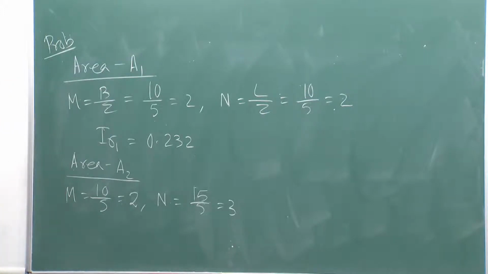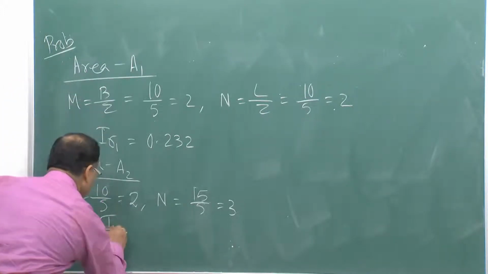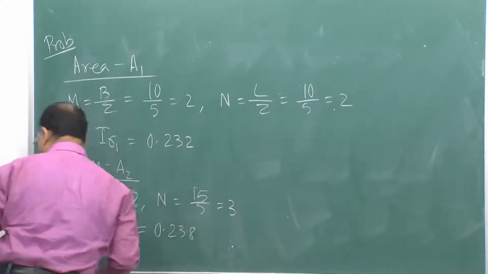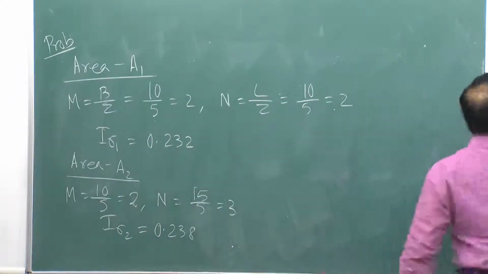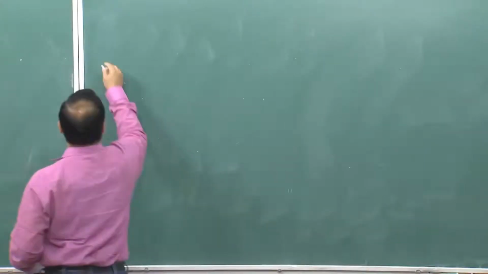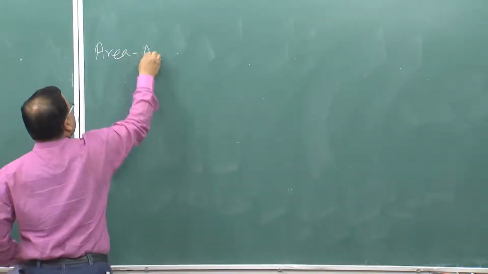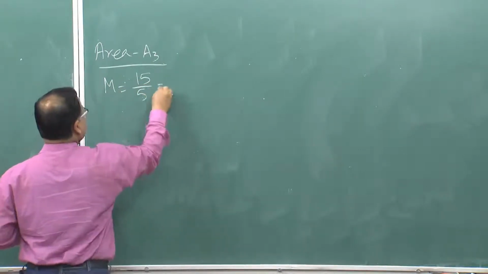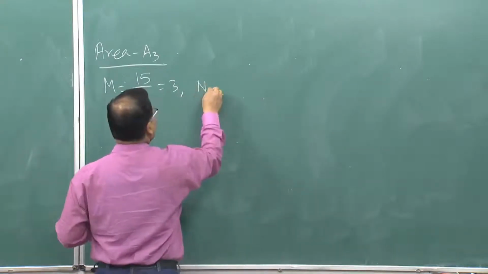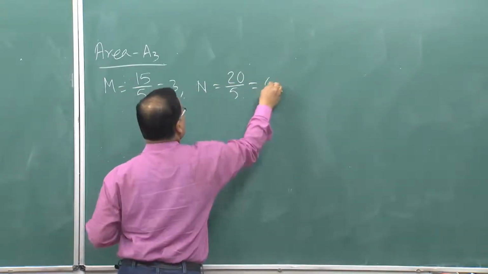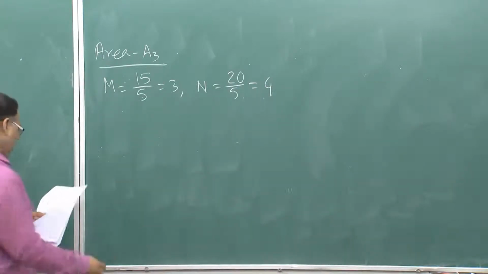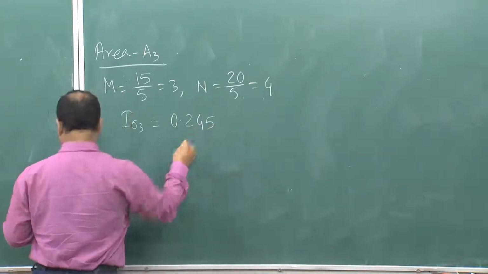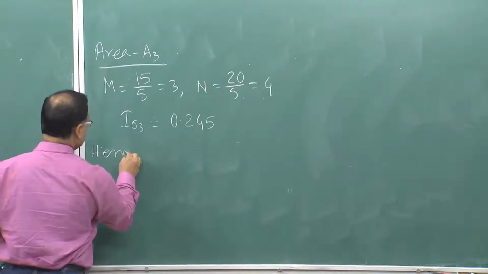So, M equal to 2 and N equal to 3. For that combination your I sigma 2 is equal to 0.238, that you will get from the table. Similarly, for area A3, your M is 15 by 5, that is 3, and N is 20 by 5, that is 4. So, for M equal to 3 and N equal to 4, you will be getting I sigma 3 is equal to 0.245.